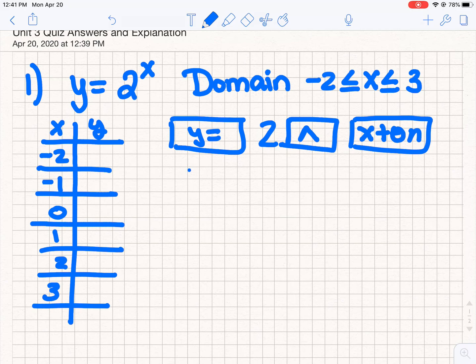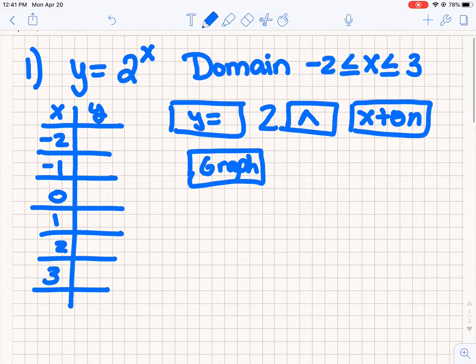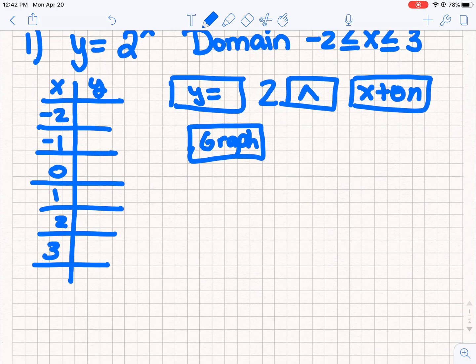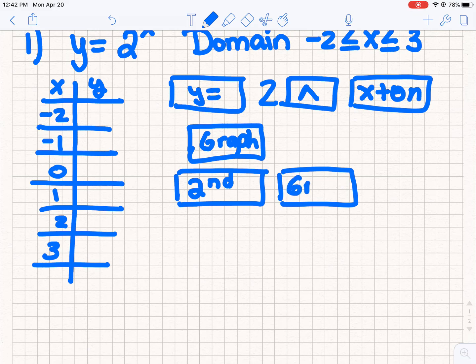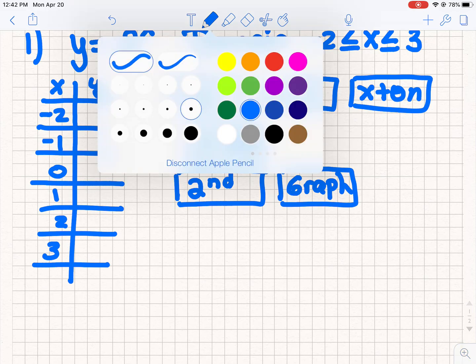Then you should have done graph to look at your graph and to see where your boundary was. In this case, the boundary was the x-axis, or where y equals 0. Then you should have looked at your table. To find the table, you hit second, graph. And that'll tell you your table of values. From there, you can just fill in your table with the appropriate numbers.